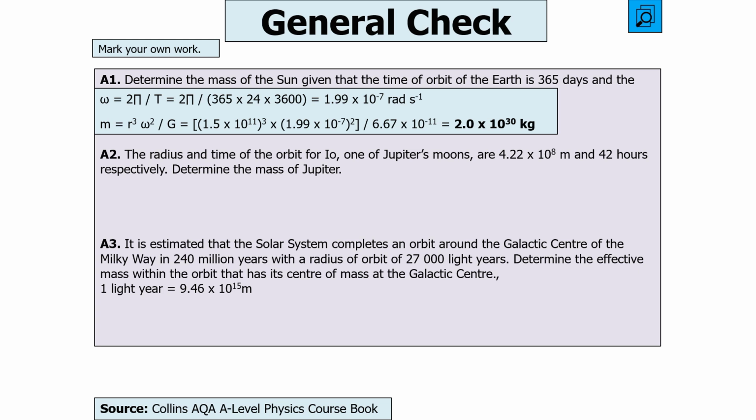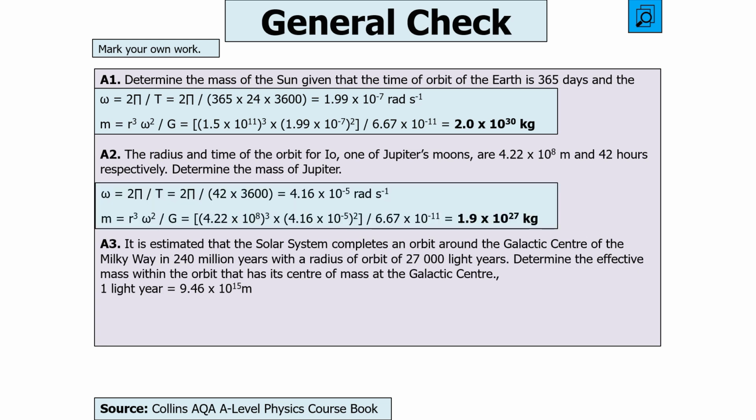So you get 1.99 times 10 to the minus 7 radians per second. We can then use our equation to work out the mass, because we can link it in with the law of orbits, where we say that mass is equal to r cubed omega squared over G. We can pop in all the values and we get 2 times 10 to the 30 kilograms. That comes again from Kepler's law of orbits.